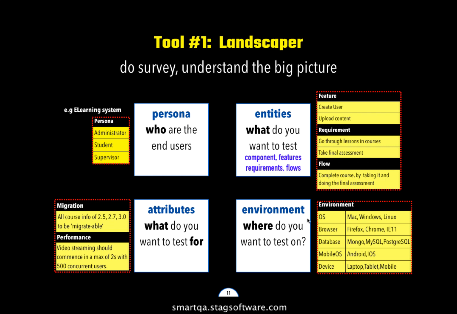For example, it could be combinations of different OS or browsers or database, so on and so forth. So this thinking tool number 1, landscaper, is primarily getting the lay of the land to get the big picture. And this really is about who, what for, and where.